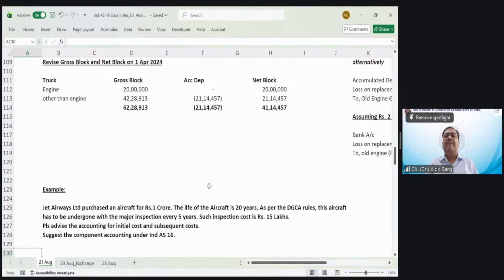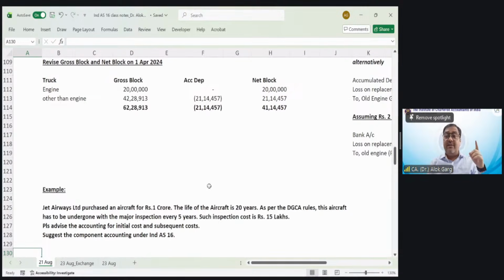Now, first of all, tell me, after 5 years when this major inspection happens, will you charge it to the P&L, or will you capitalize it to the carrying amount of the asset? Tell me quickly, what will you do? You will capitalize. So Aleti Yogendra is saying we will capitalize this major inspection cost as a part of the cost of the asset.